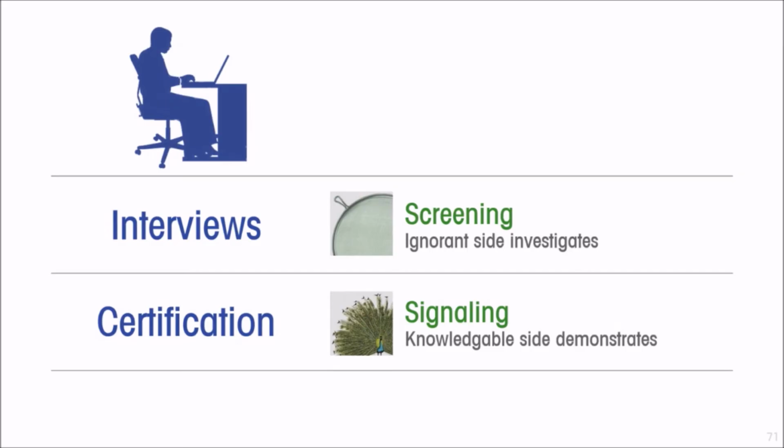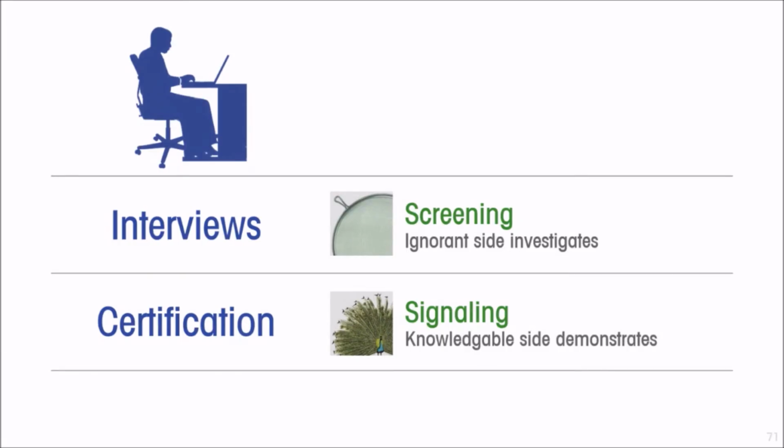A university degree, as an example of a certificate, might be less about the actual knowledge. Certainly an undergraduate degree might be less about the actual knowledge that you're acquiring, and more about your ability to signal to employers your character and what you are capable of.